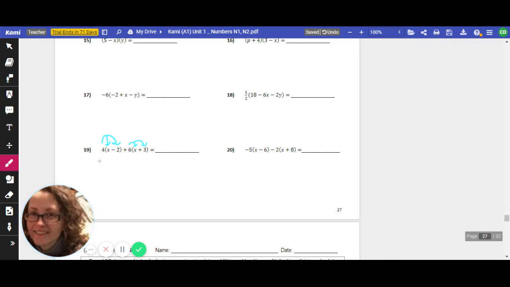So 4 times x just gives us 4x. Four times a -2 is a -8. And then a 6 times x gives me a positive 6x. And then 6 times 3 is 18.